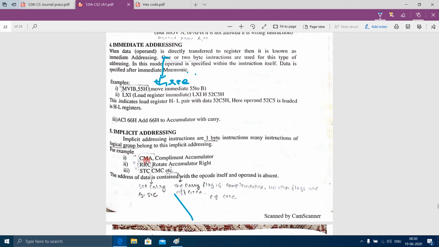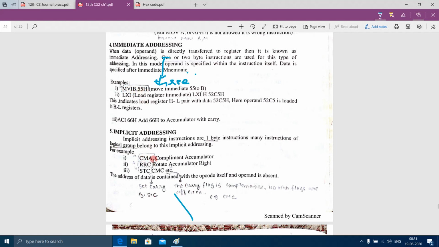For example, CMA means I have to complement the accumulator. The accumulator is specified in the instruction itself. RRC means rotate the contents of the accumulator to the right. So the accumulator is specified in the instruction itself. I don't have to specify any operand, like I had to specify in MVI B, 55, where the operands were B and 55.